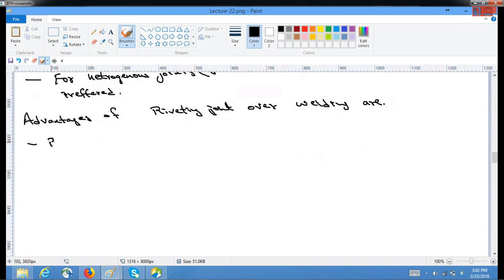first thing is riveted joints are more reliable.